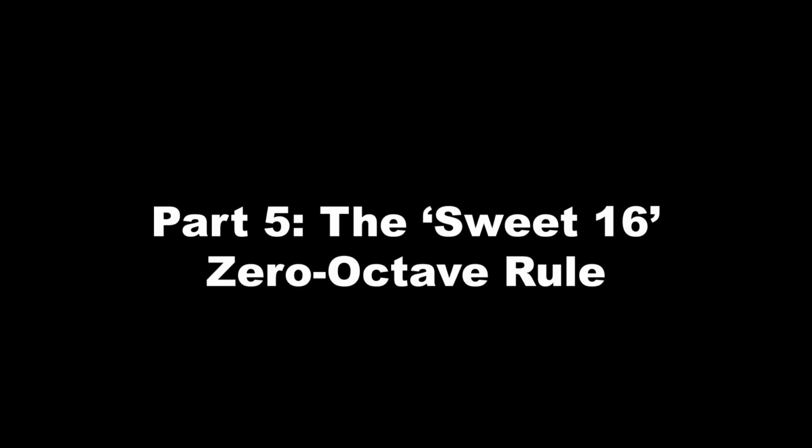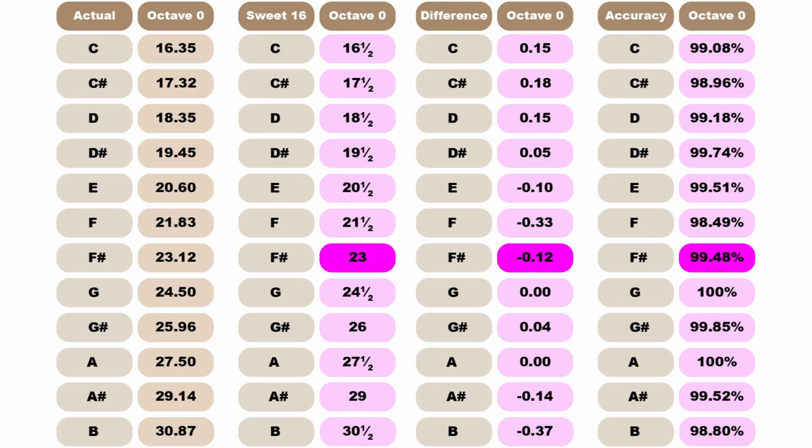Lastly, I want to give you guys a bonus trick rule for finding the 0 octave, because since you can't hear it and most of your speakers can't reproduce it, I just came up with a quick rule for finding it. I call it the sweet 16 rule, because C0 is 16.5. In fact, all the values are whole numbers and halves up to 21.